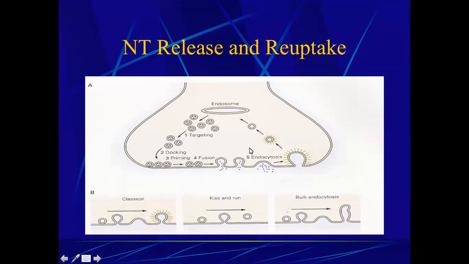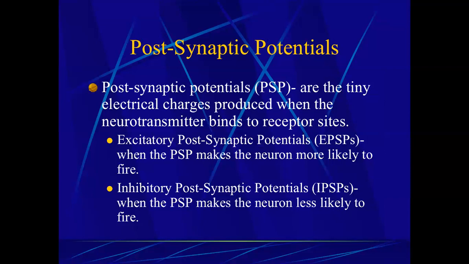Now, in this particular slide, we're not using the word reuptake, are we? We're using endocytosis. Endocytosis is a synonym for reuptake or reabsorption. So, as I said, that's happening on the presynaptic membrane.